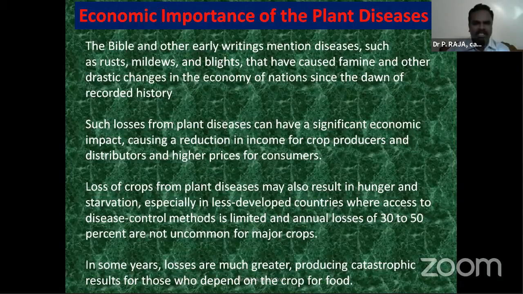That is evident in the Old Testament of the Holy Bible; it is among the oldest records in history. Whenever a pathogen attacks, it causes significant economic losses on crop plants, sometimes total failure, and that leads to economic losses for nations, and hunger and starvation for the people, and in some years losses are much greater, producing catastrophic results for those who depend on food crops for food.